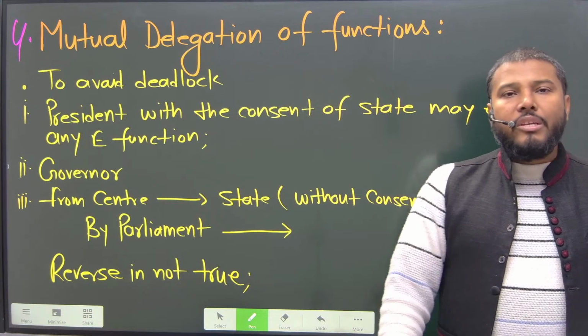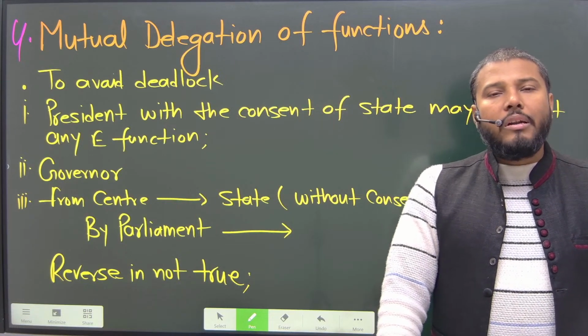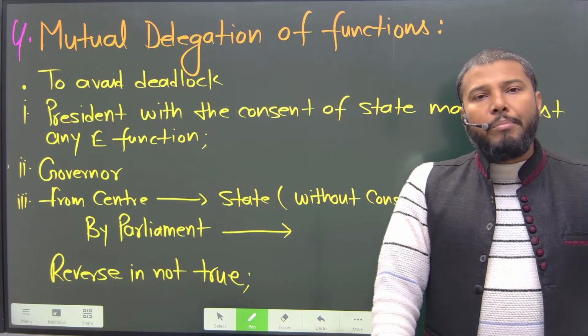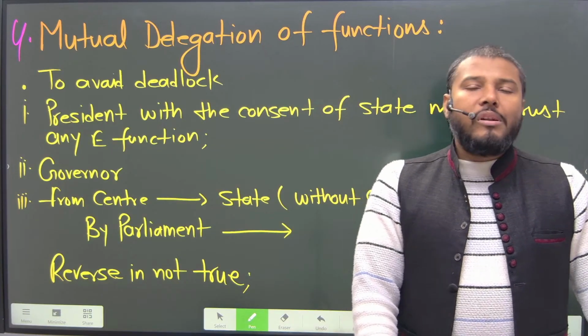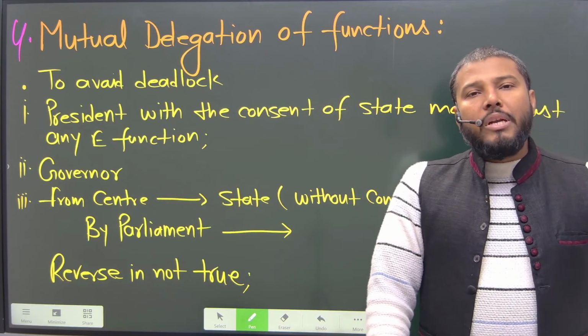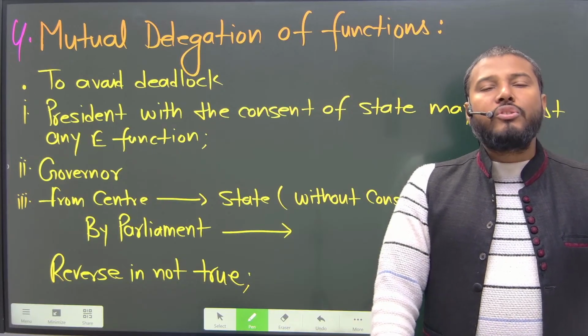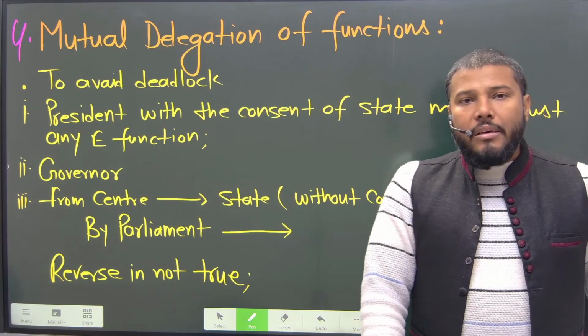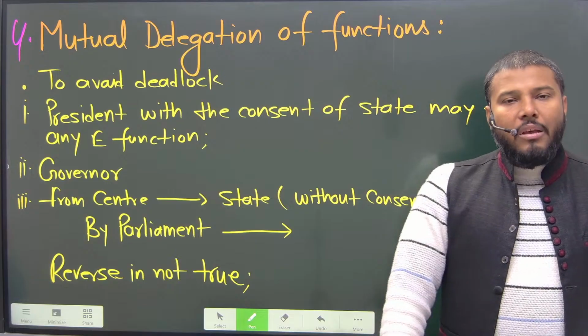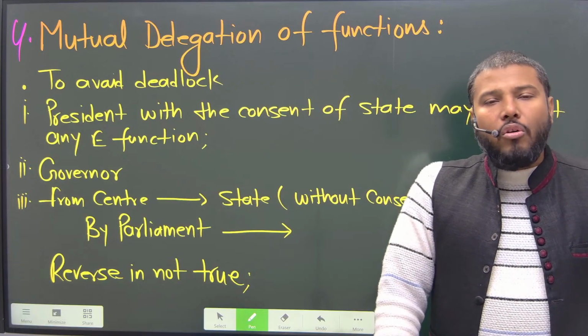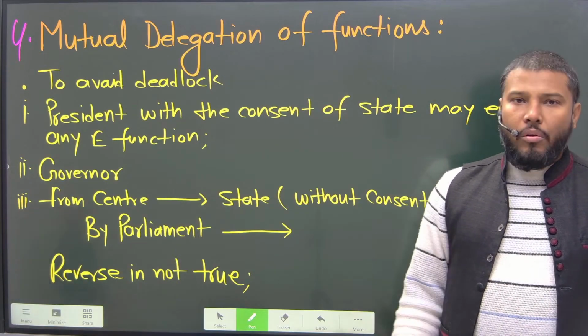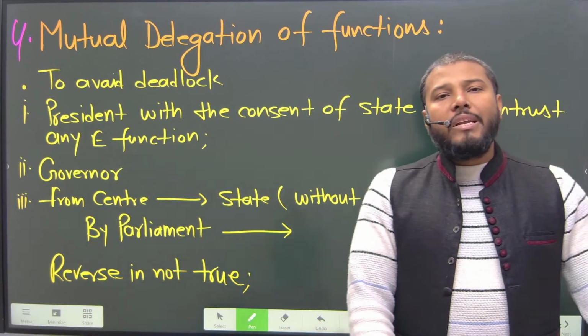On the concurrent list, we have understood well that the laws shall be made by the parliament or the central government, but enforcement, administration and execution shall be done by the state government, as long as otherwise is not provided by the parliament. This is the rule. But it is not a very tight mold.